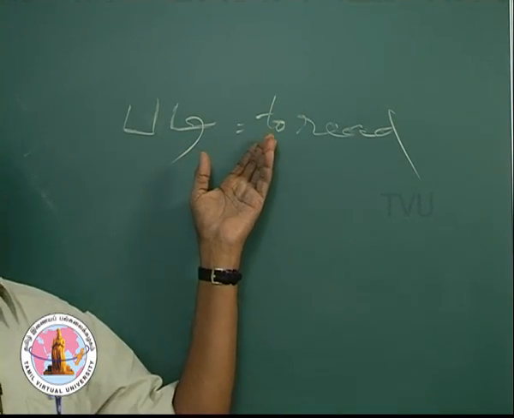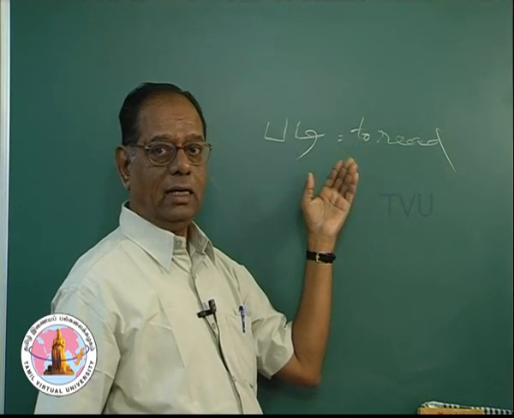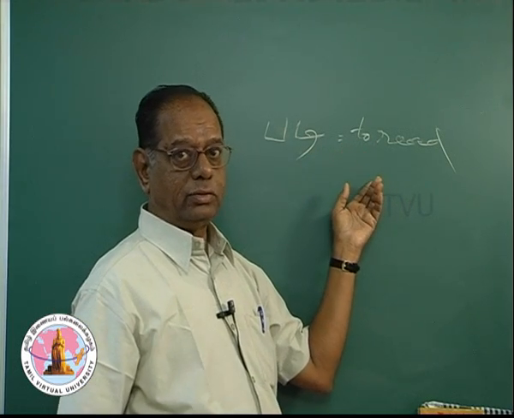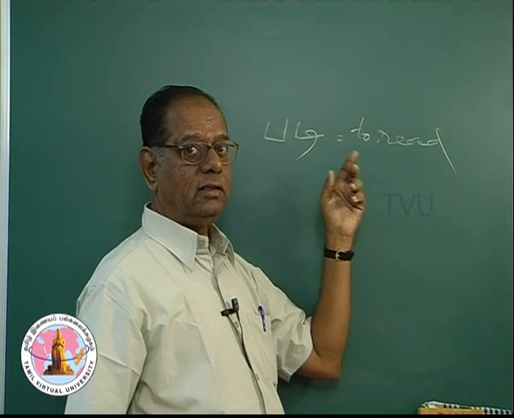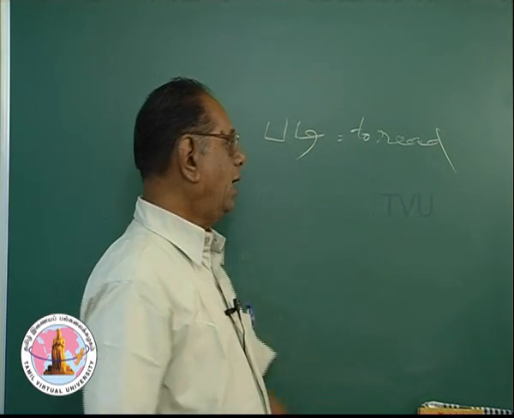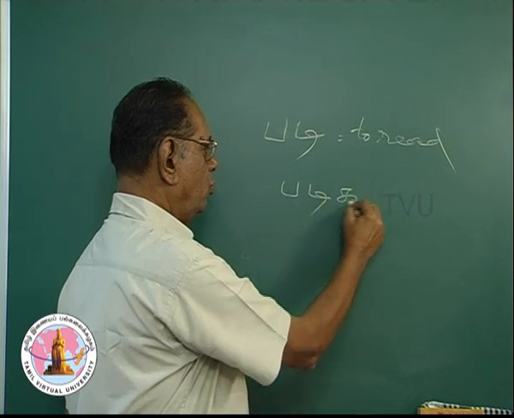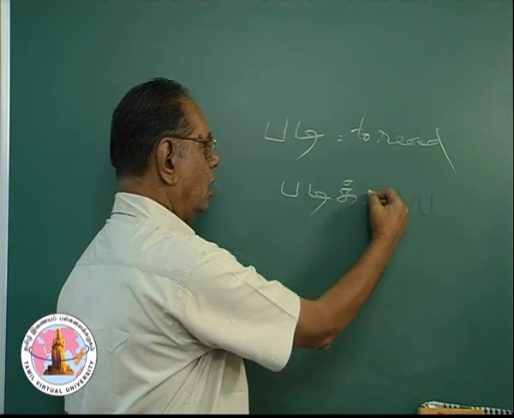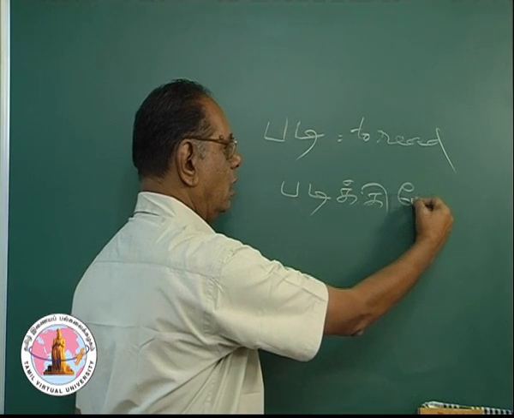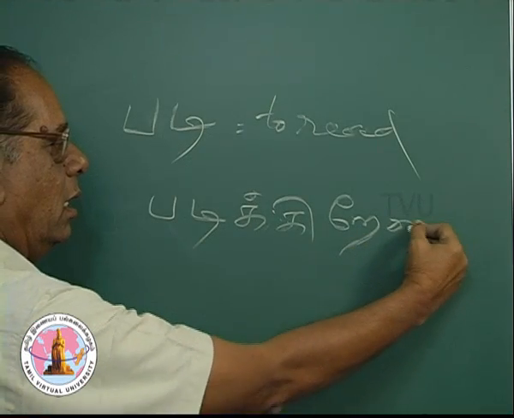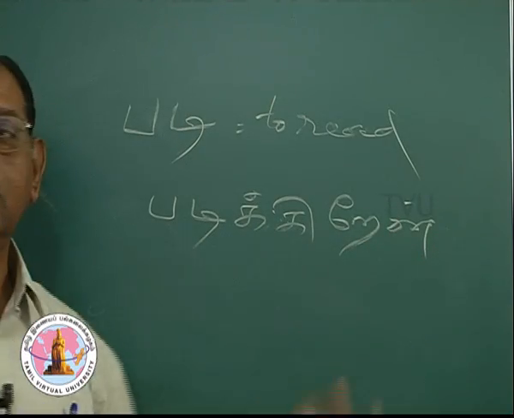Naturally, you know, this is a transitive verb, and its conjugation would be padikkiren.